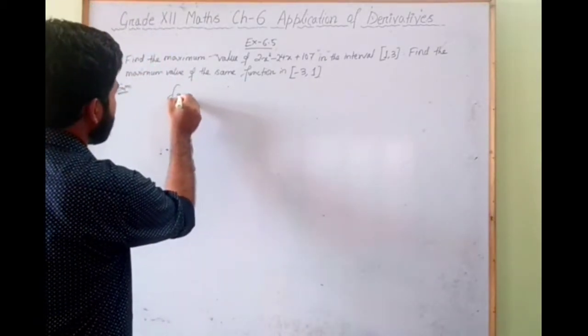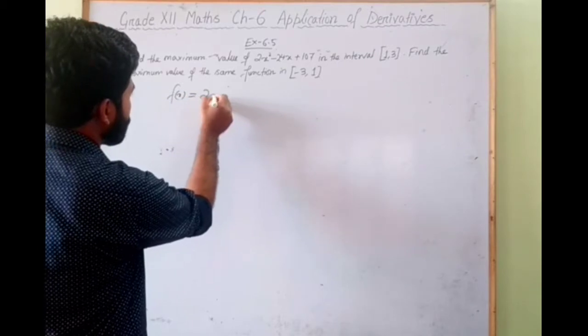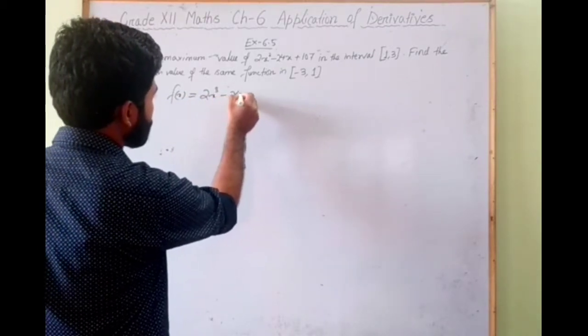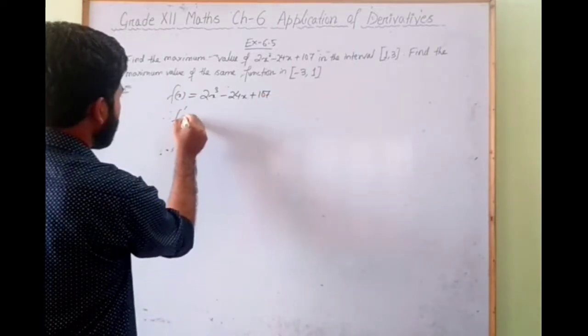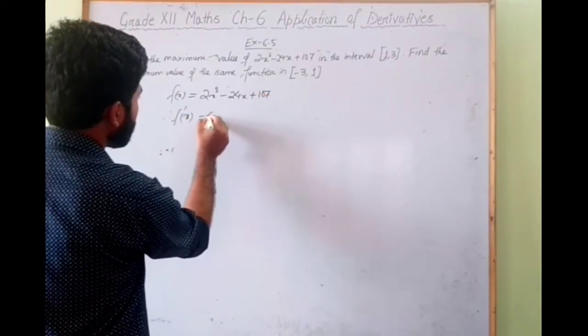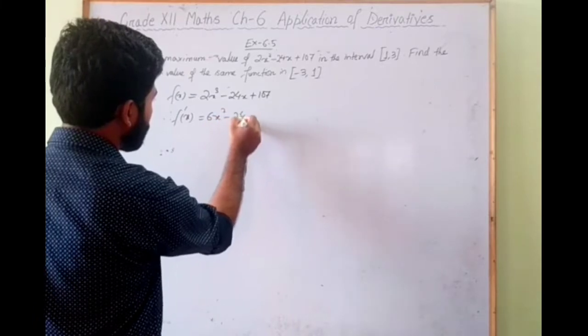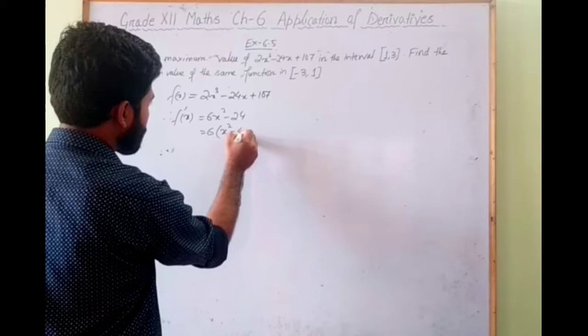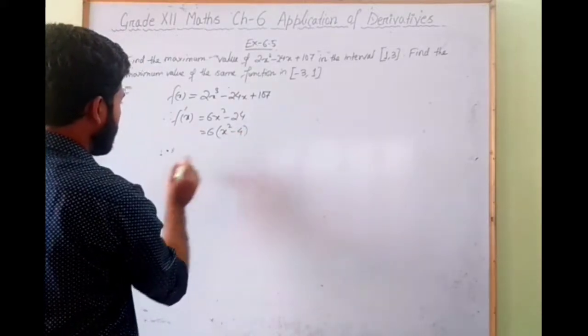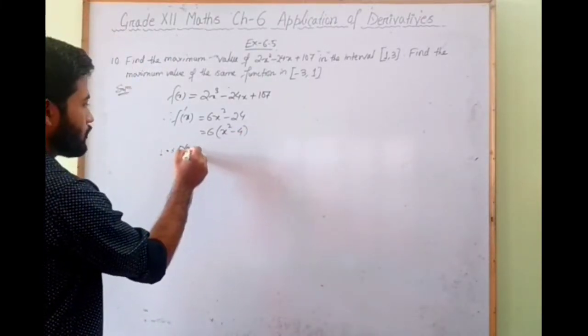So here the function given is, let f of x is equal to 2x cube minus 24x plus 107. Our first derivative will be 6x square minus 24, which in turn can be written as 6 into x square minus 4. Okay, now what to do?